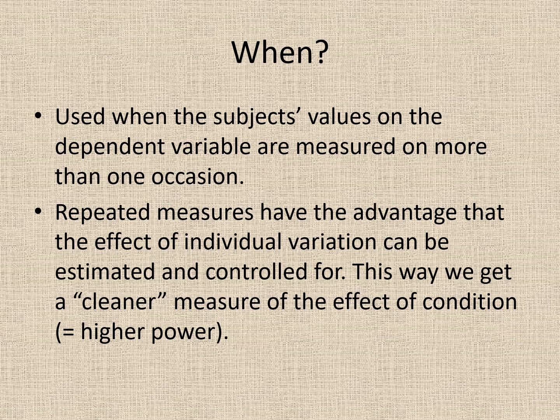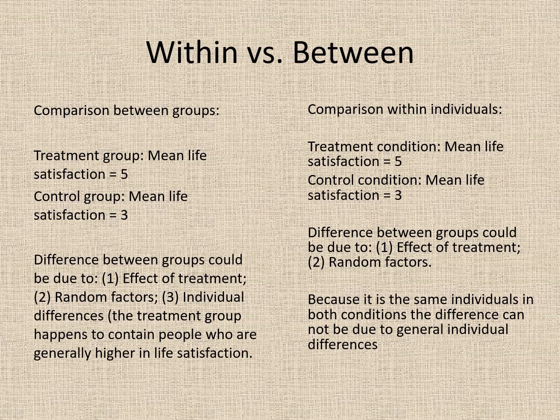I'll try to illustrate this. So let's say we have a group here, A, B. Okay, let's take a simple example. So we have life satisfaction. Here we have one individual with the value 6, high in life satisfaction. And here we have one individual with value 2, low life satisfaction.